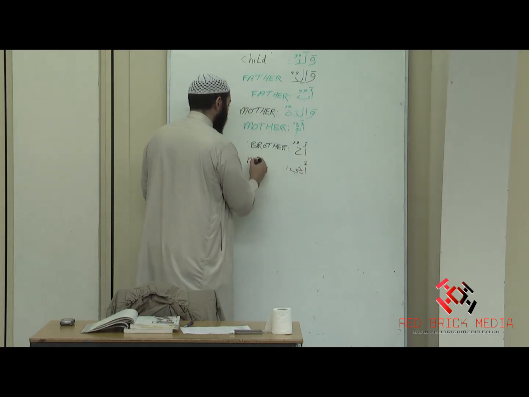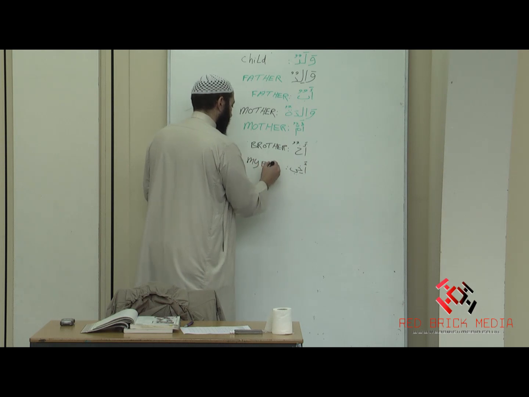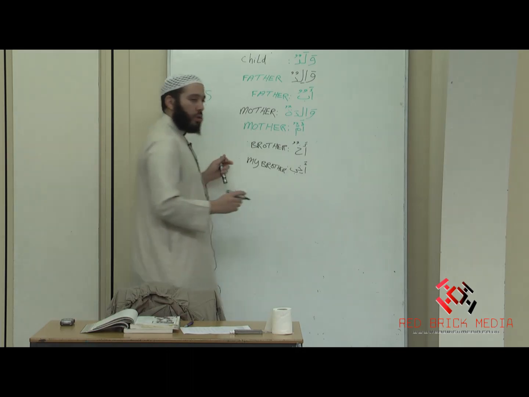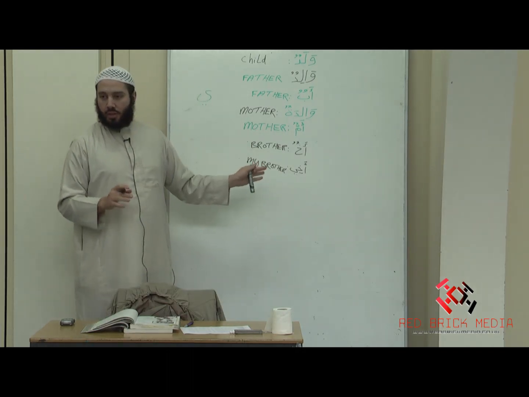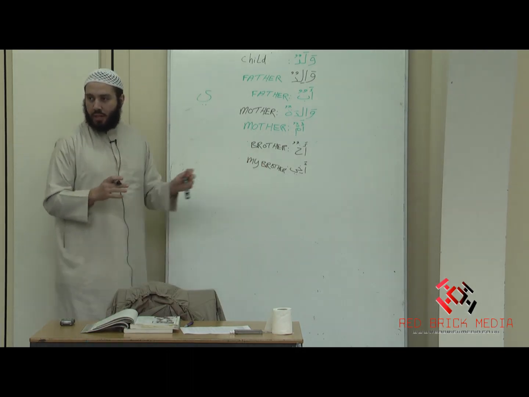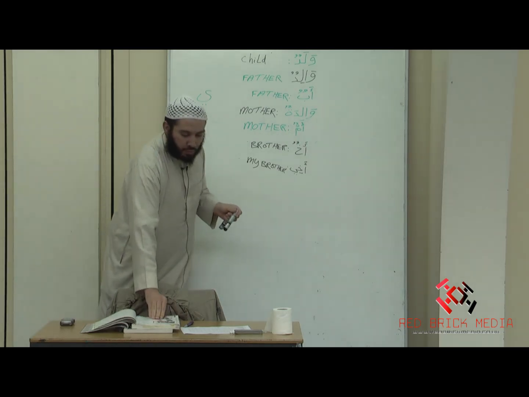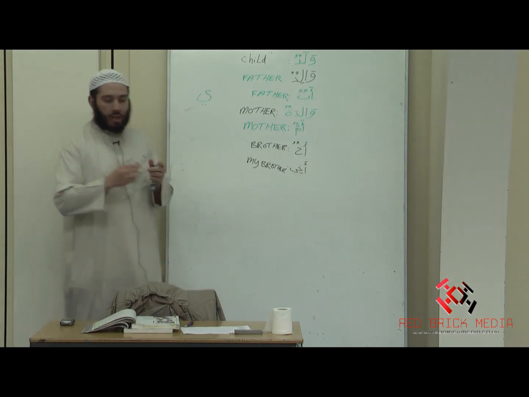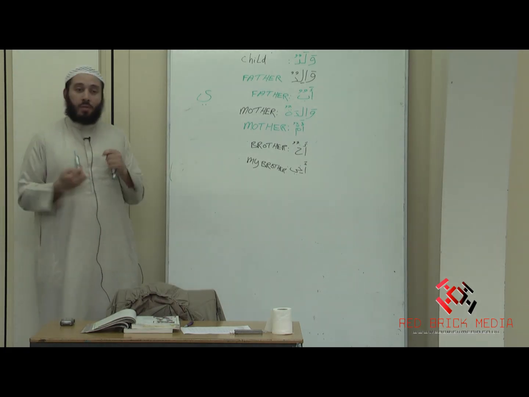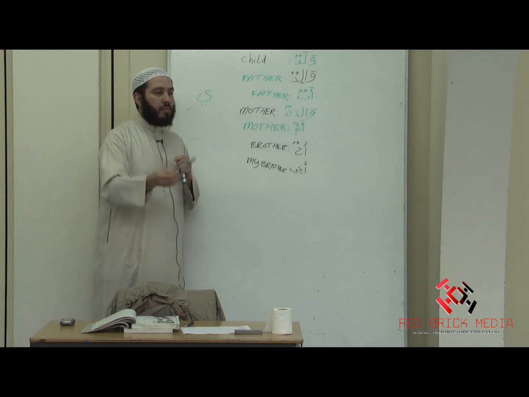Akhi is my brother. So you know what the importance of this ya is? Book is kitabun. My book, kitabi. Qalamun is pen, but when you say my pen it is qalami.